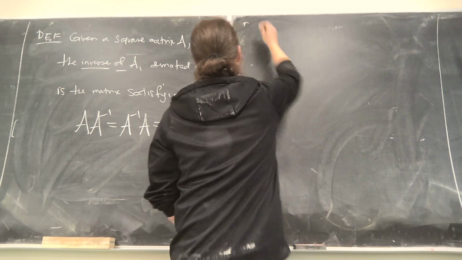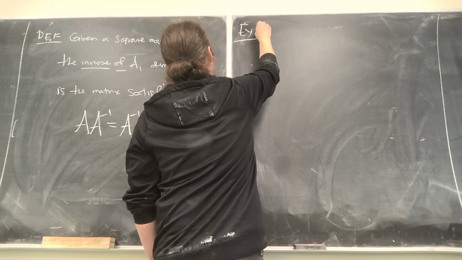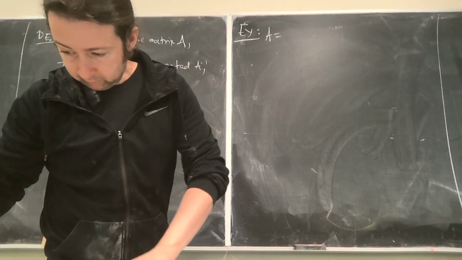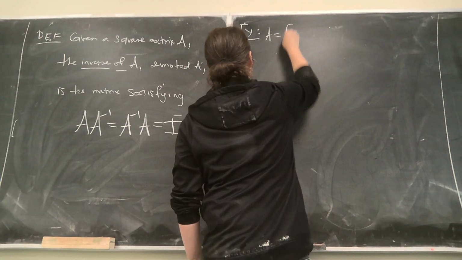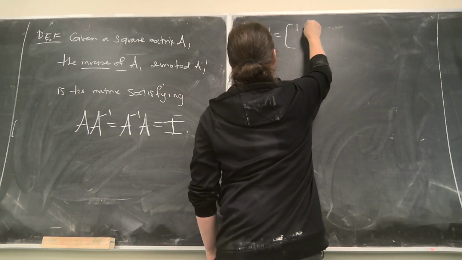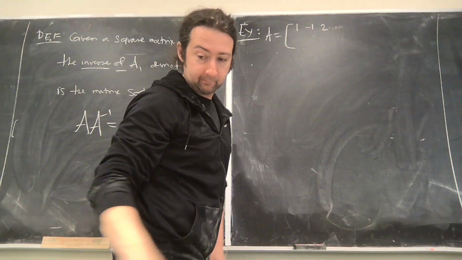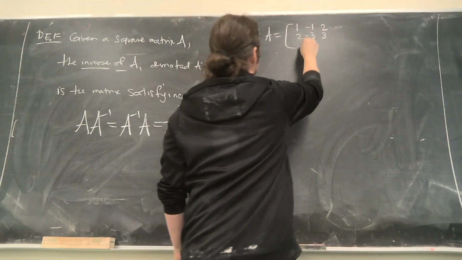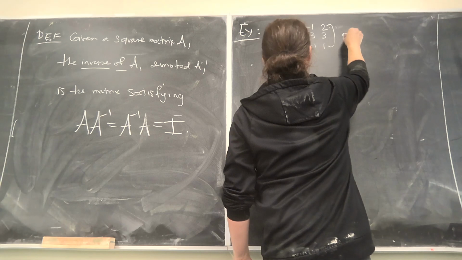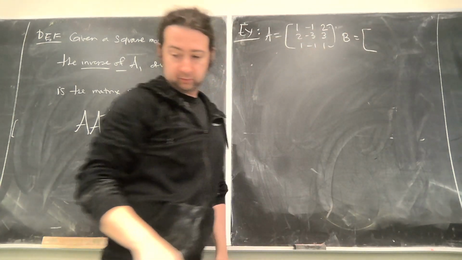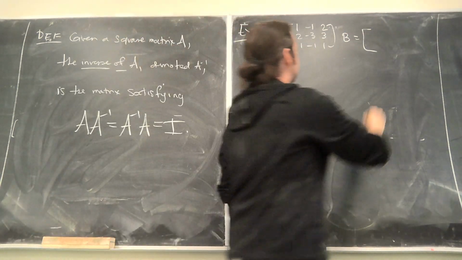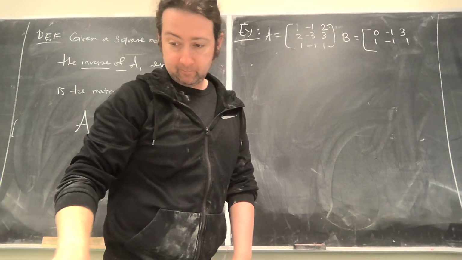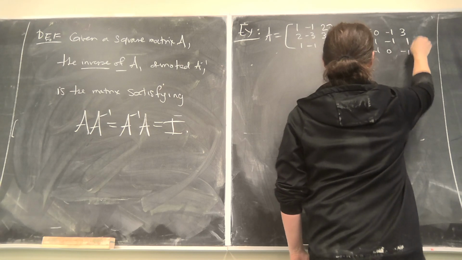As an example, you can think about the matrix A is equal to 1, minus 1, 2, 2, minus 3, 3, 1, minus 1, 1, and B is equal to 0, minus 1, 3, 1, minus 1, 1, 1, 0, minus 1.